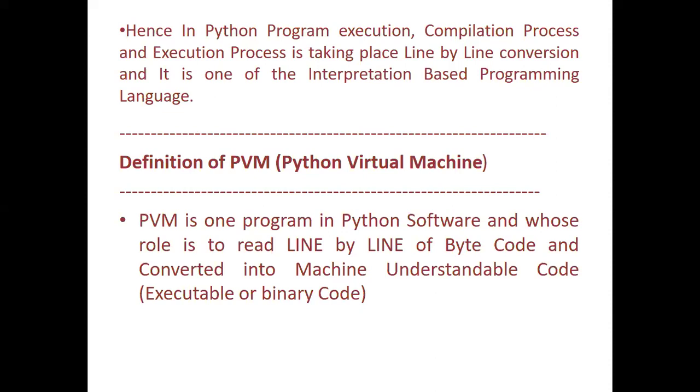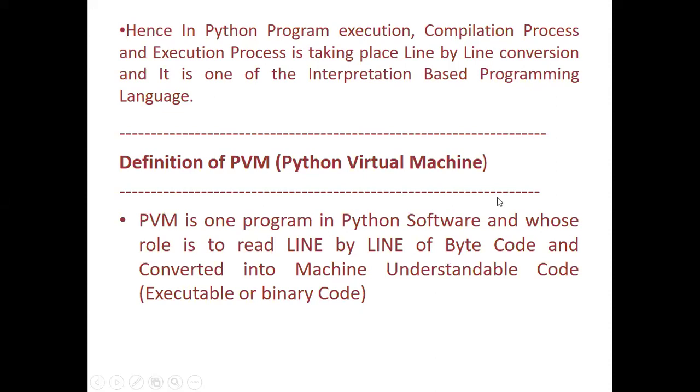Now, what is PVM? Because PVM takes care of everything. PVM is the Python Virtual Machine. It is one program in Python software whose role is to read the bytecode line by line and convert it into machine understandable code, that is, binary code.